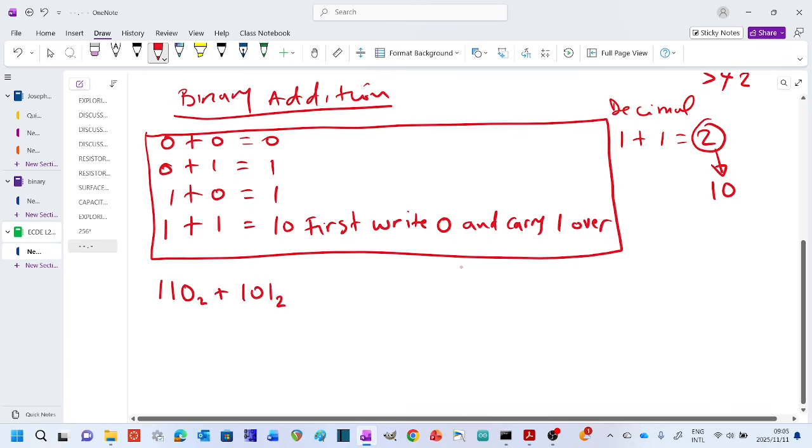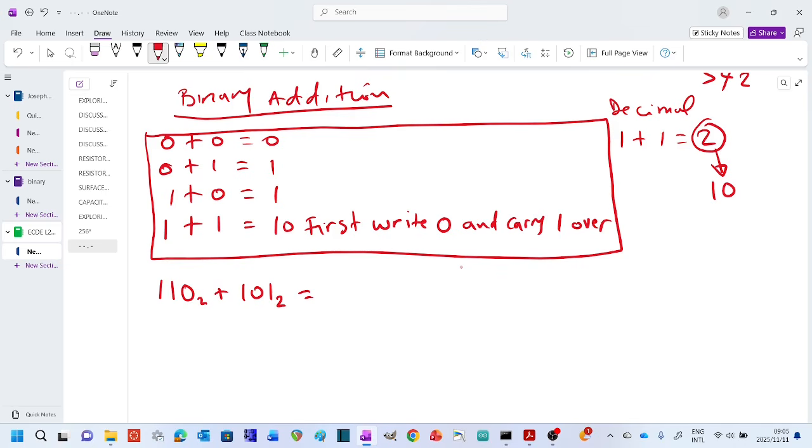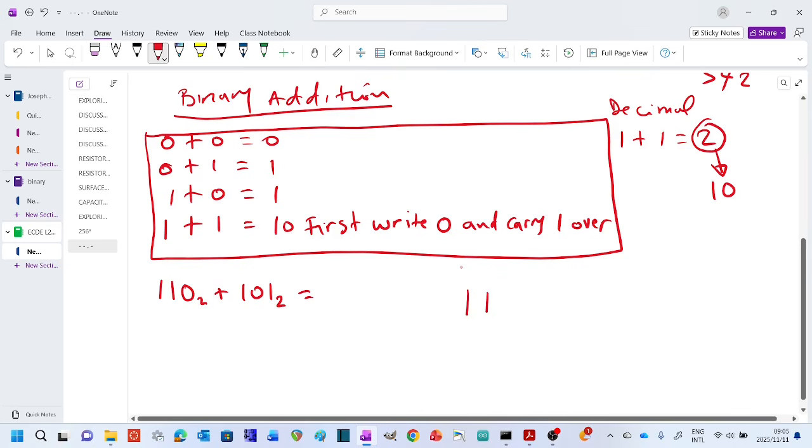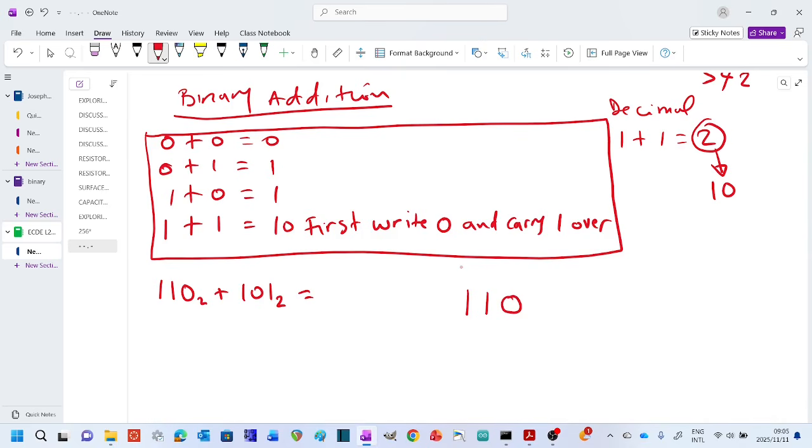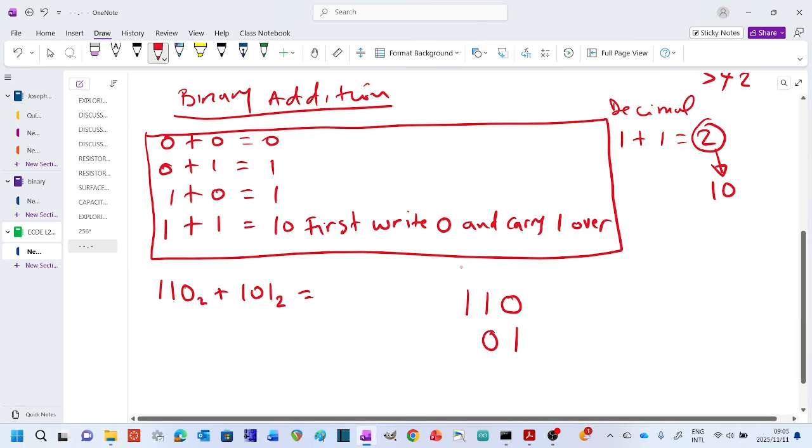Both of them are base 2. The best way to solve this question is to rewrite this vertically. First number 1 1 0, and the other number underneath vertically, 1 0 1. Just like that, and then we put a plus there.